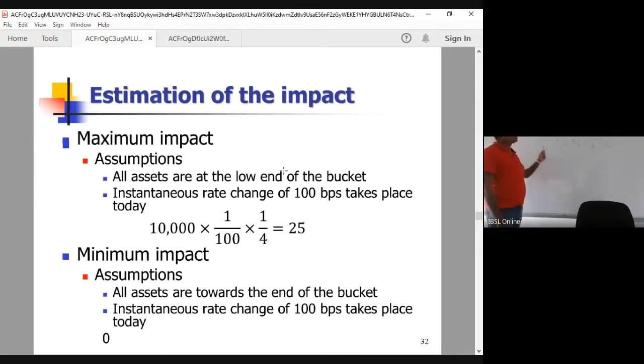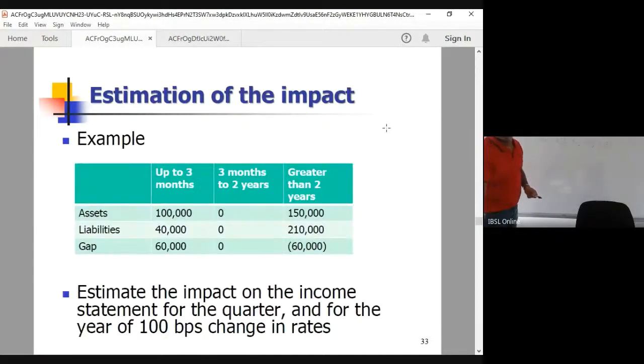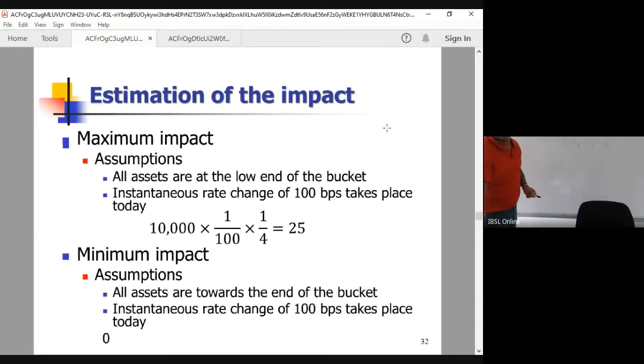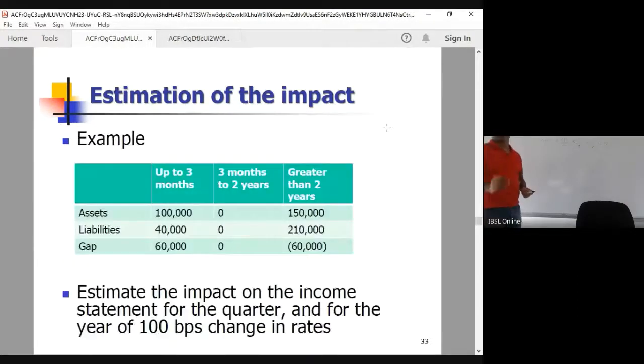And if all the assets are sitting in the further end of it, then the impact is 0, because ultimately everything is sitting in the last bit of the bucket.